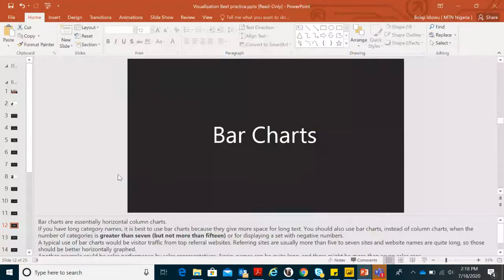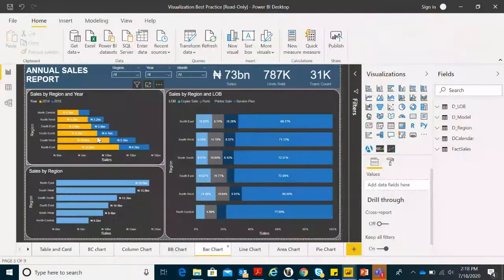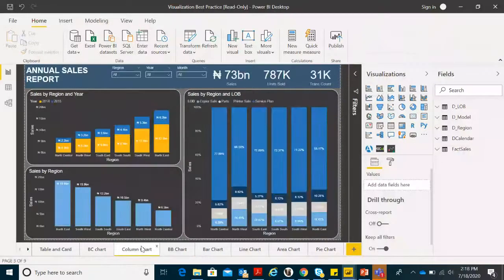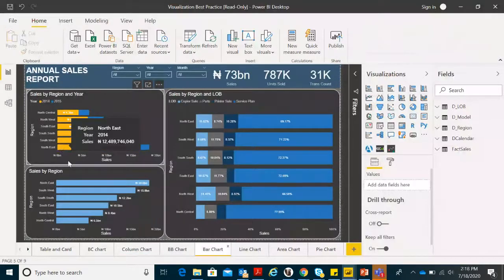Let me show you something. Okay, here is our bar chart. Look at North Central. Let's look at the difference. In the column chart, it was going from up to down or down to up, but in the bar chart, you can see it's sloping from right to left. So our axis changed.